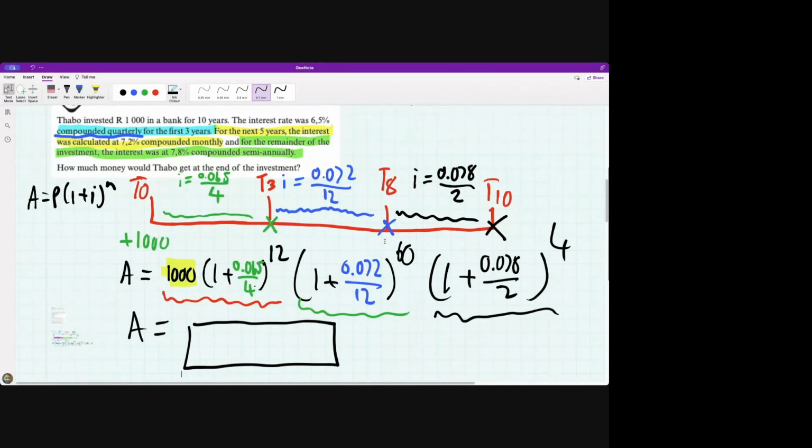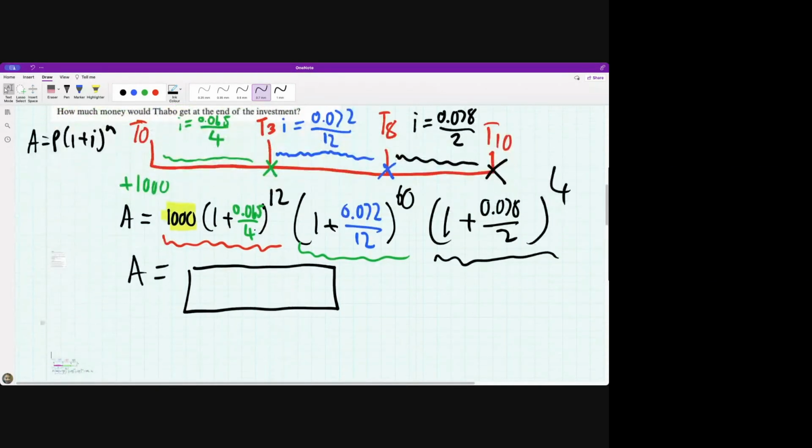And you have done your first timeline question then. I want to see some agreement in the chat before I reveal anything. Tabor started life with 1,000 Rand, lucky Tabor. And how much extra money has it got to by the end of all of this?